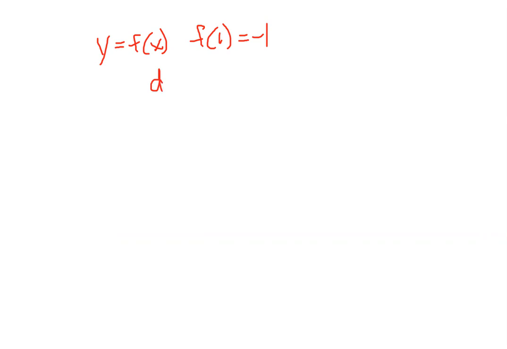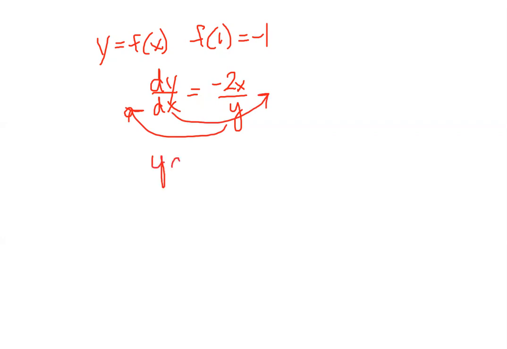So we've got dy over dx equals negative 2x over y. So we're going to separate the variables. I'm going to bring y over to this side and dx over to this side. Since y is already on the bottom, it just becomes y dy equals negative 2x dx.